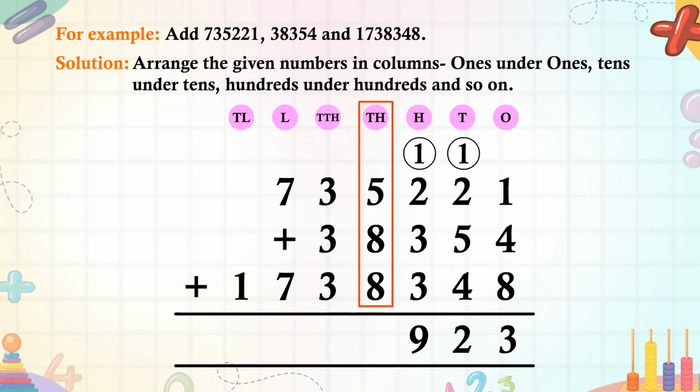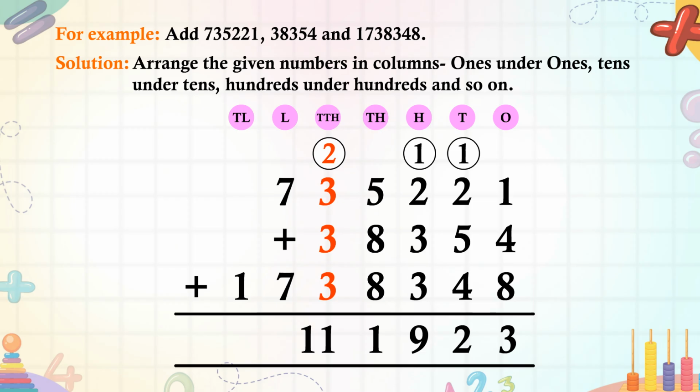Next add the thousands. 5 plus 8 is equal to 21. Write 1 under thousands column and carry 2 to the next 10,000 column. Next add the 10,000. 2 carried over plus 3 is equal to 11. Write 1 under 10,000 column and carry 1 to the next lakh column.